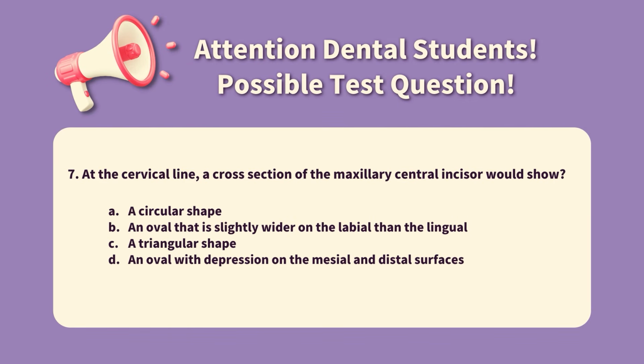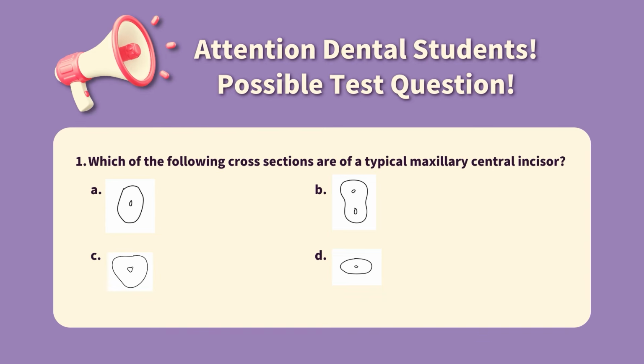At the cervical line, a cross-section of the maxillary central incisor would show a triangular shape. Which of the following cross-sections are of a typical maxillary central incisor? This would be C, the one that is looking like a rounded triangle shape.